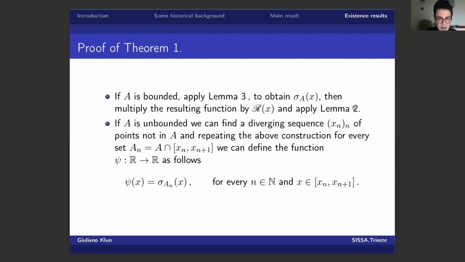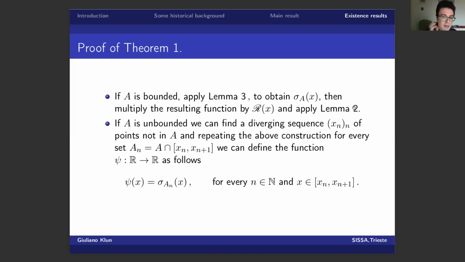And since the points x_n do not belong to A, they belong to some U_n. So you have space in this open set to deform the function a bit to make it C1, with 0 derivative at the boundary of that interval.